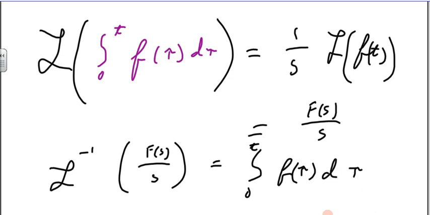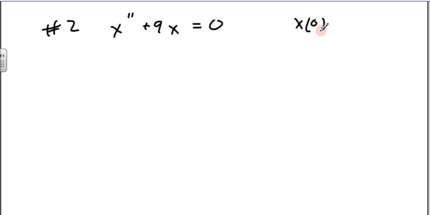Now we're going to look at problem number 2. We're going to say, well, I've got x double prime plus 9x is equal to 0, and x of 0 is 3, and x prime at 0 is 4. And I say, well, what if I'm not in this chapter?